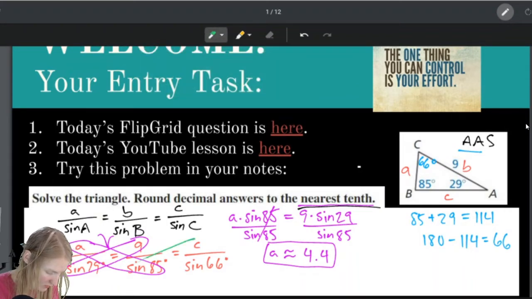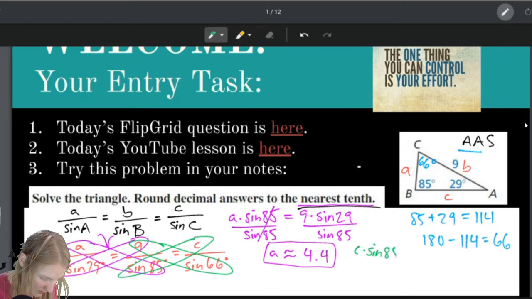Okay. Cool. Now we're going to do the same thing with side c. c times the sine of 85 is equal to 9 times sine of 66.